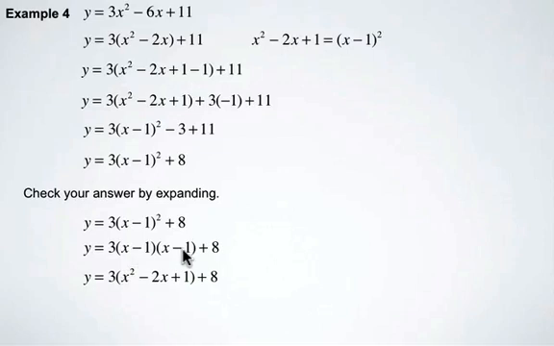We use FOIL to give us this trinomial. We get 3x squared minus 6x plus 3 plus 8. 3 plus 8 is 11. So our final is y equals 3x squared minus 6x plus 11. Notice that it is the same as the one we began with, so we know we've done a good job.